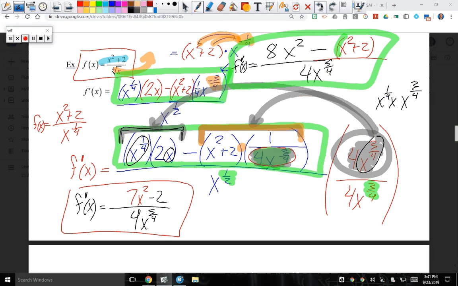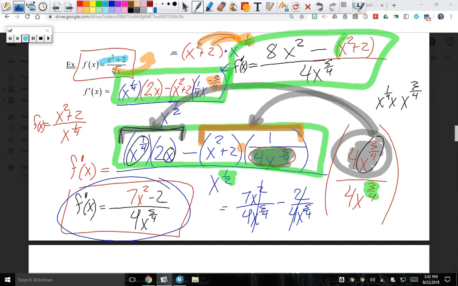If you can't, you need to write it out as 7x squared over 4x to the 5/4 minus 2 over 4x to the 5/4. Then you can simplify those right there. The 2 and the 4 cancel. And yes, the 2 and the 4 could reduce to 1/2. But again, to each his own. We're all going to have different variable answers. I'm just trying to do the one that's most common on the multiple choice questions.